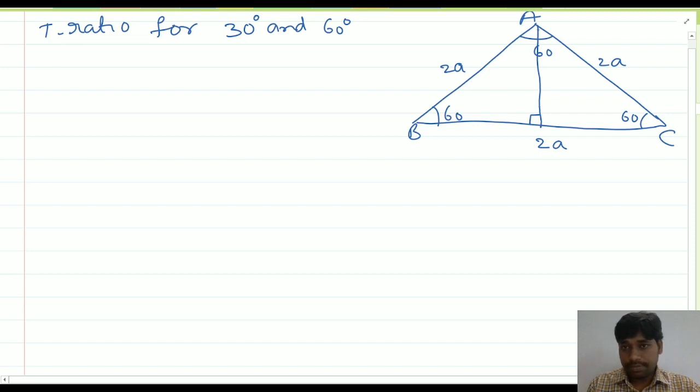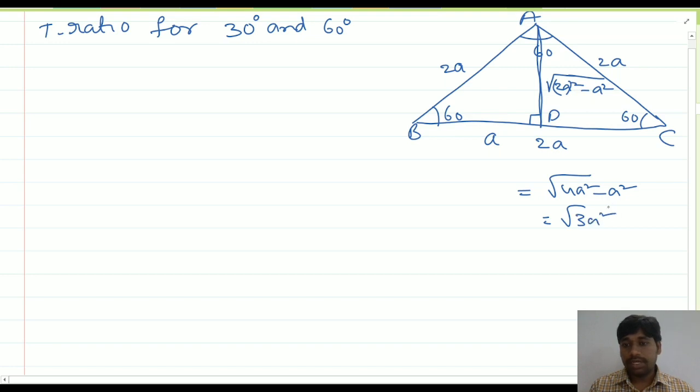Let us take this as D. Then here we have the side as A. The third side we have to calculate: under square root of 2A whole square minus A square, which is 4A square minus A square, equal to 3A square.